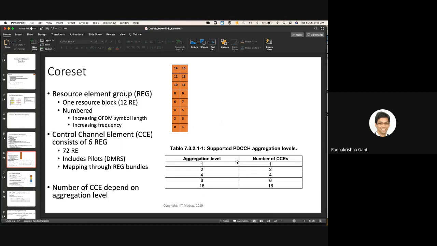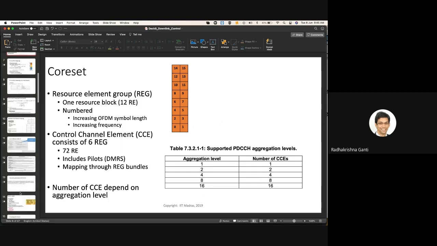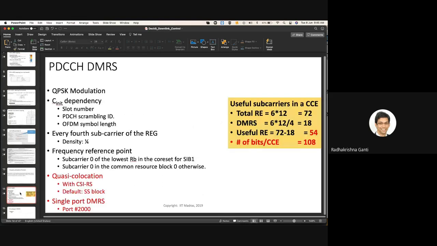Is that fine? So I'm just going to skip a few slides. Essentially, whatever we do in PDCCH is always QPSK modulated. And every 4th subcarrier of the REG is a DMRS.